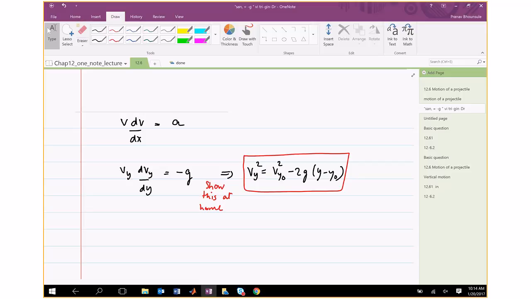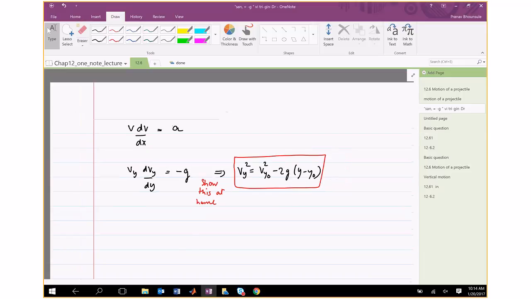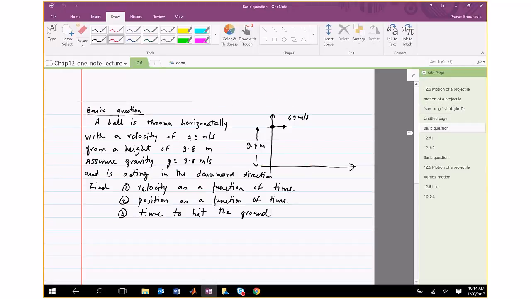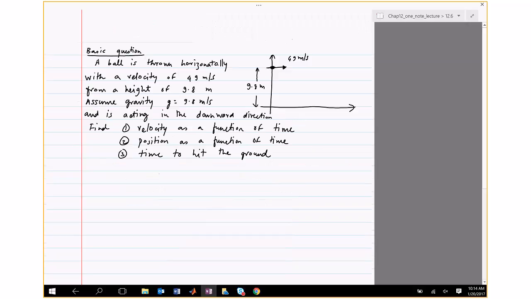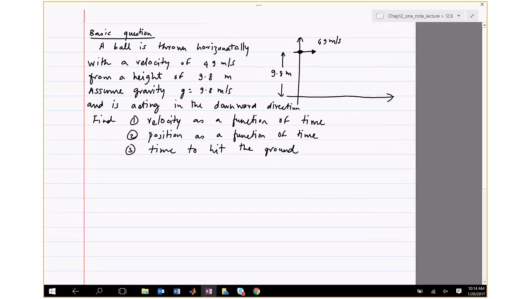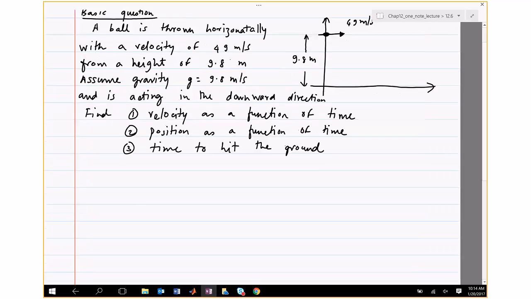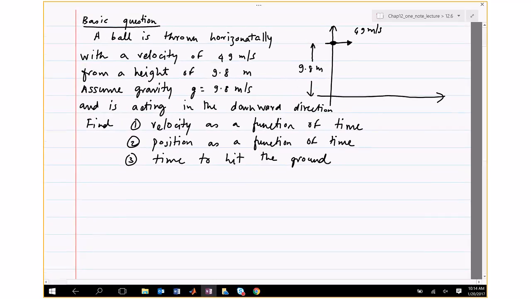Okay, let's do a question. A ball is thrown horizontally with a velocity of 49 meters per second. It's dropped from a height of 9.8 meters.